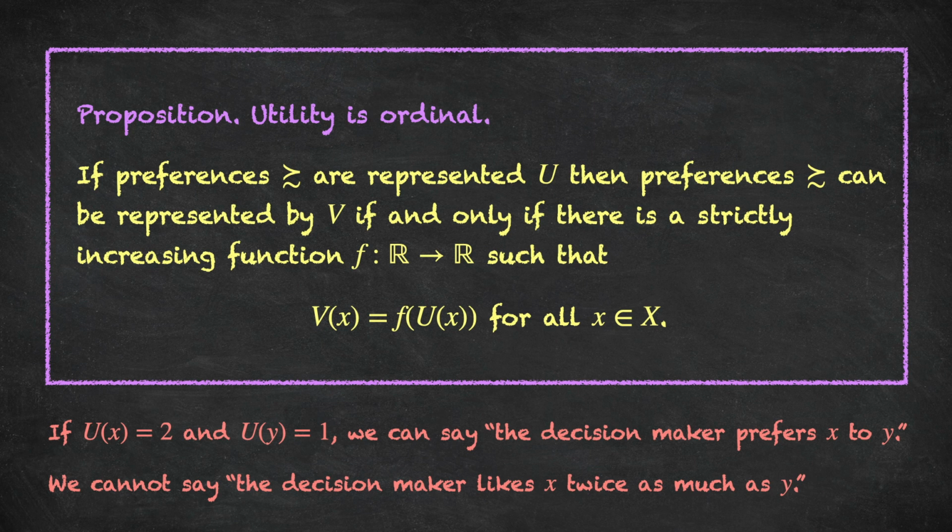So if I square the number 2, I get 4, and if I square the number 1, I get 1, which would seem to imply, if the logic about liking x twice as much was true, that x is now 4 times as good as y, which is, of course, nonsense. So we can only interpret utility numbers in terms of the order that they represent. The absolute magnitude of the numbers, and whether one number is twice as large or 3 times as large as another utility number, simply has no meaning in ordinal utility theory.